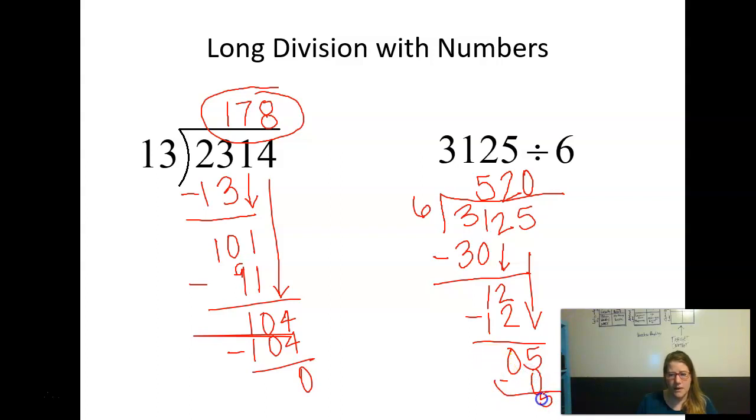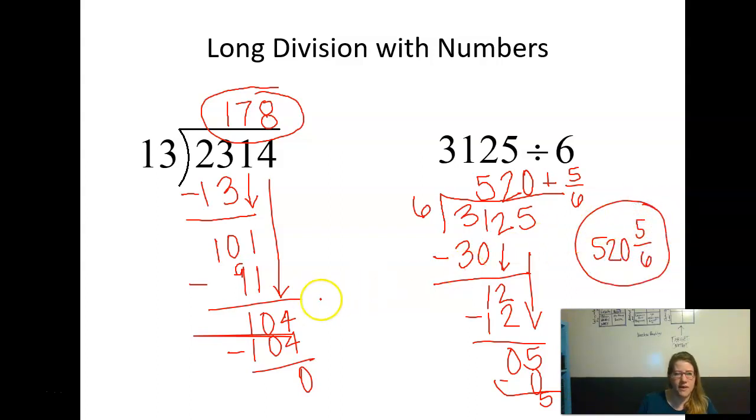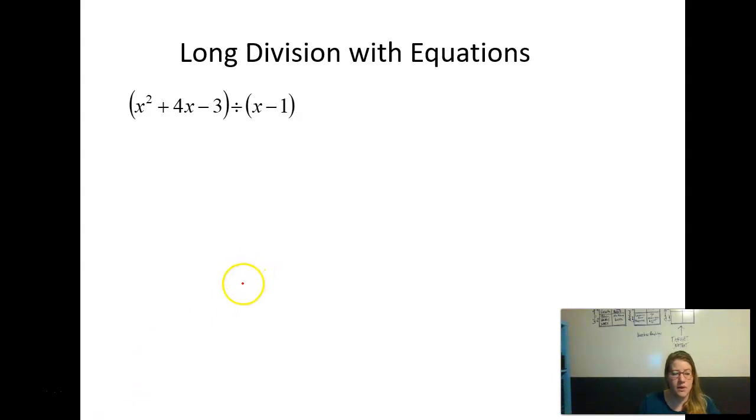Subtract them, and now this 5 right here is my remainder, so I would add on 5/6 to 520. So the answer here is 520 and 5/6.